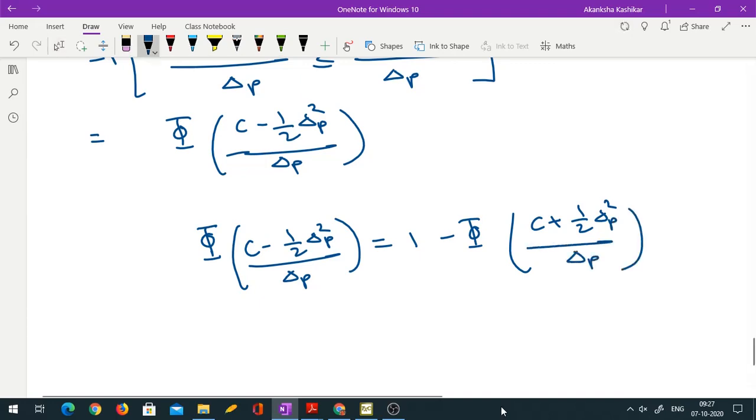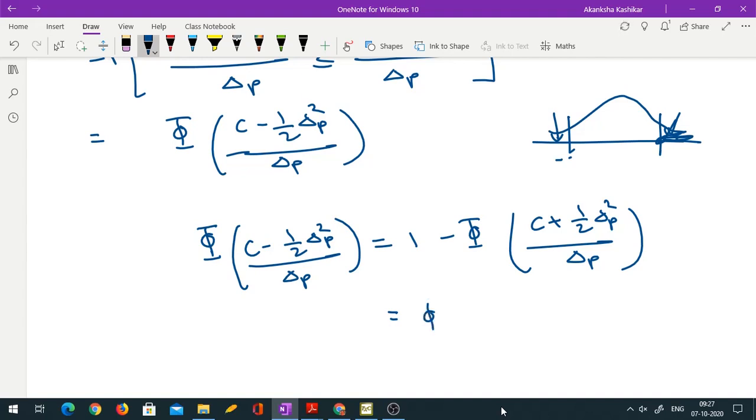Now because of the symmetry of the normal distribution, we know that 1 minus the CDF at a certain point is the right side probability, which is the same as the CDF of the negative of that point.